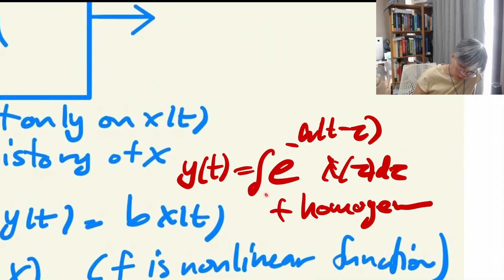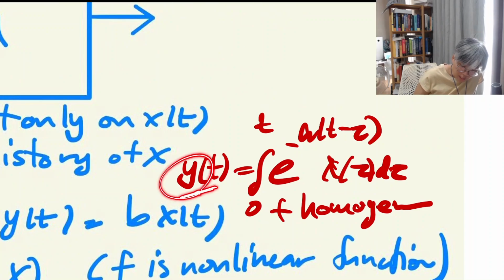With this expression, you have to integrate this convolution integral when tau goes from 0 to t, and then you get y(t).